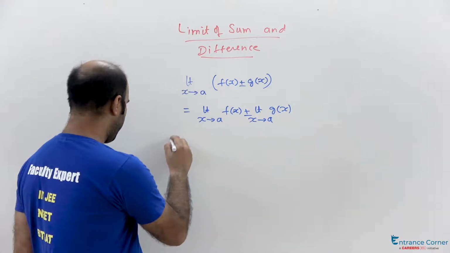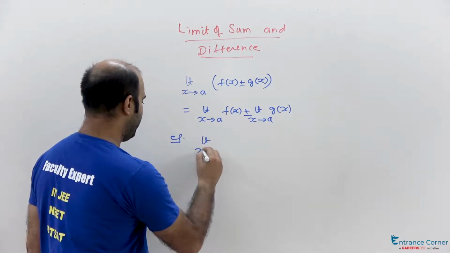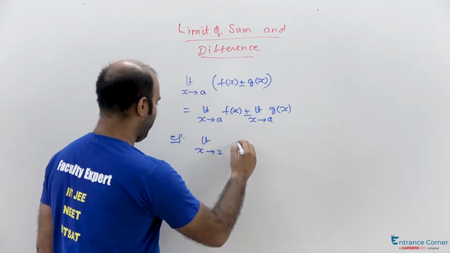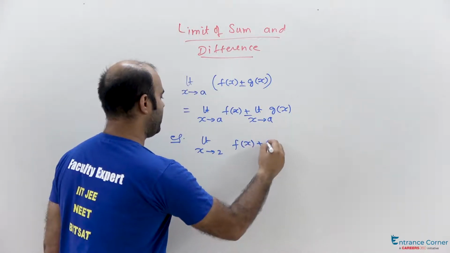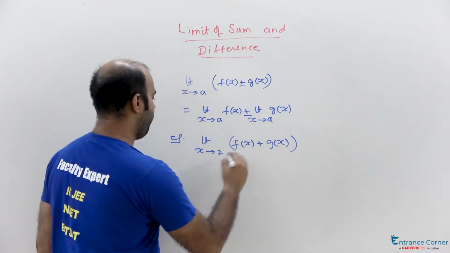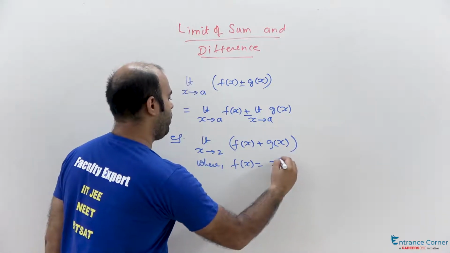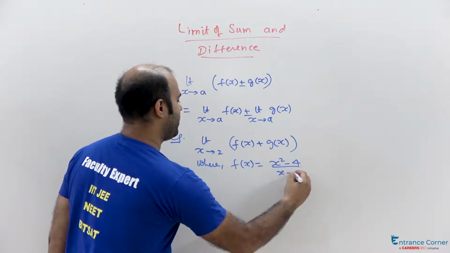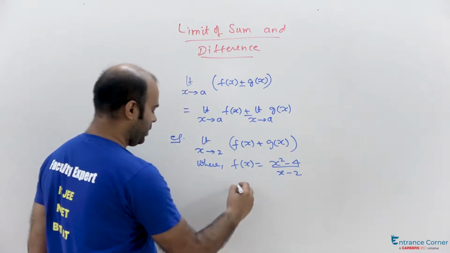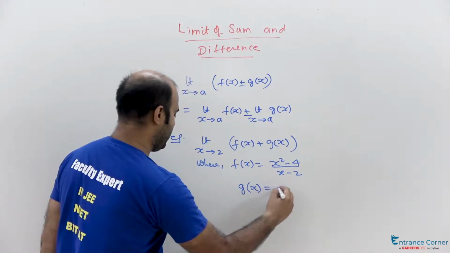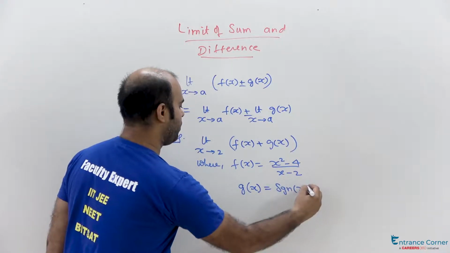For example, if we talk about the limit as x tends towards 2 of a function f(x) plus another function g(x), where f(x) is defined as (x square minus 4) upon (x minus 2) and g(x) is defined as signum of x, let us suppose.